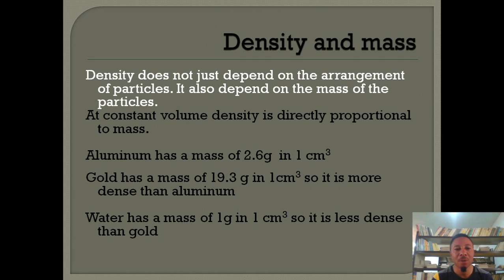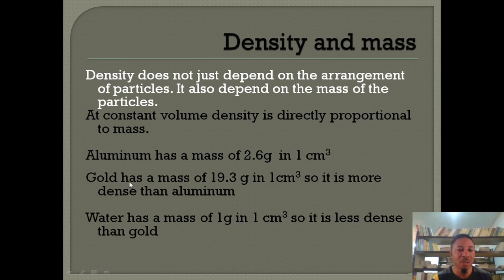At constant volume, density is directly proportional to the mass. That means when you have more mass, more matter, we expect the density to be higher. But when we have less mass or less matter packed in a given space, we expect the density to be lower. Now, aluminum, for instance, has a mass of 2.6 gram in 1 centimeter cube.